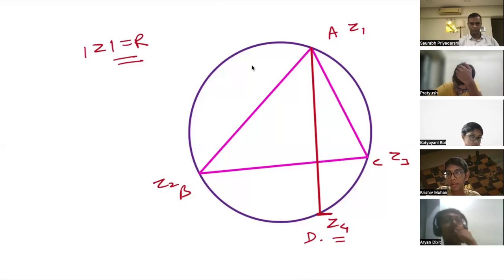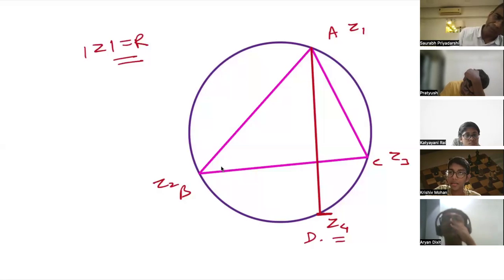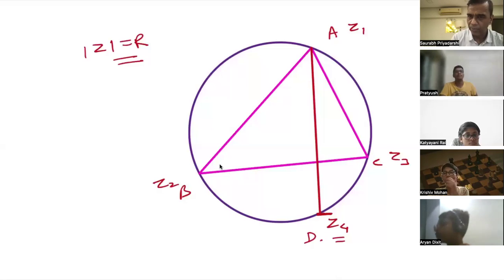So can we assume that all the points lie on the unit circle? Yes. The answer will be in the form of Z1, Z2, Z3, so the calculation would be easier for the unit circle.